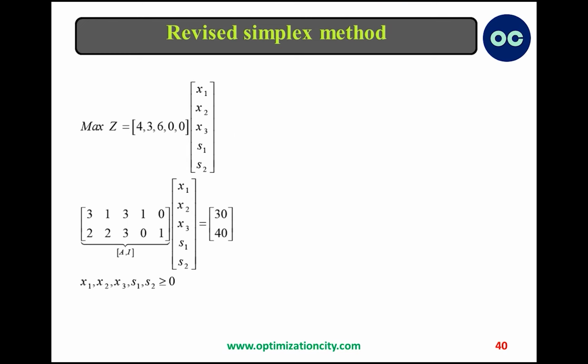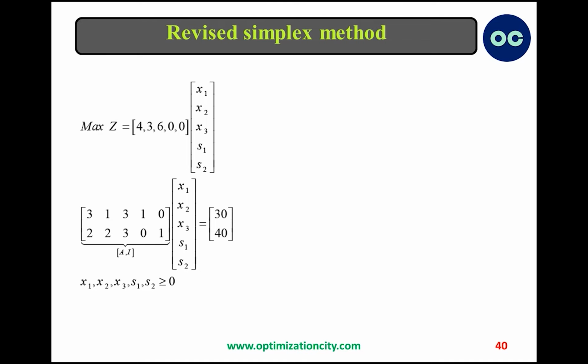A comma I has m rows, excluding the non-negativity constraint, and n plus m columns including m basic variables and n non-basic variables. In this example, m is equal to 2 and n is equal to 3.